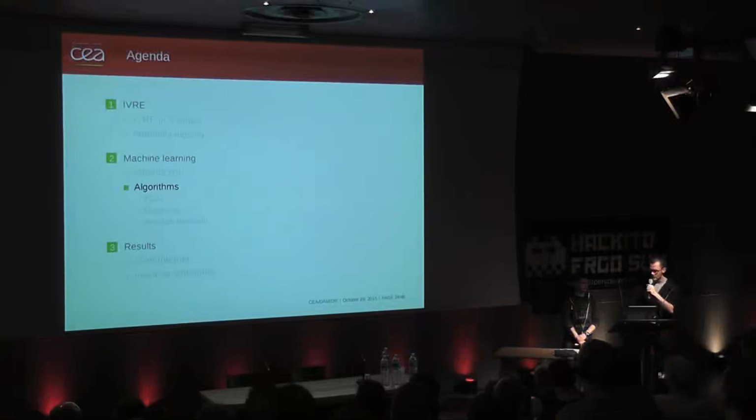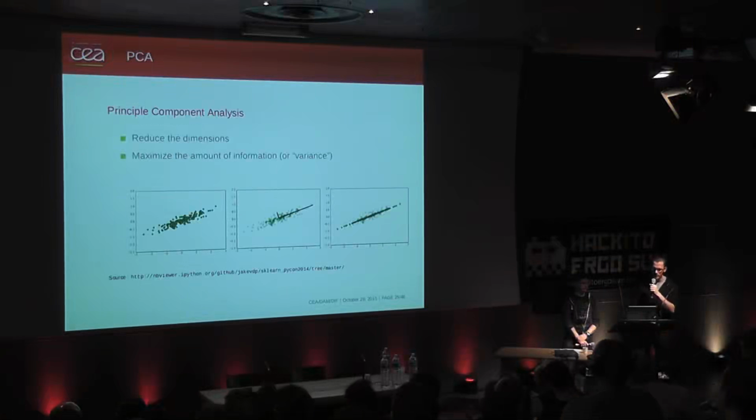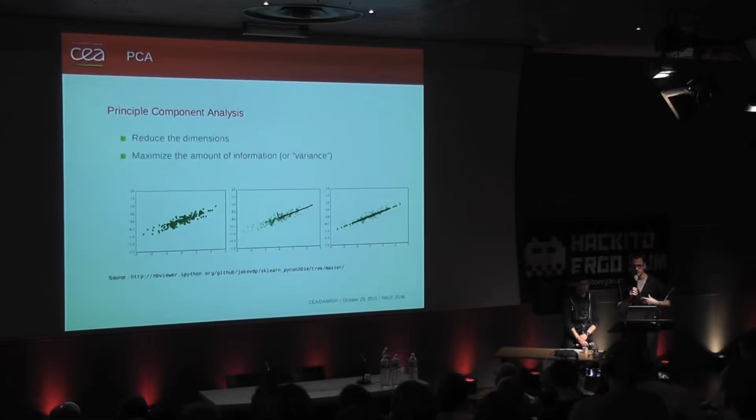So we speak about the 3 algorithms we used. The first one that I will speak about is the principal component analysis. It's about representing data which are in a high dimension space in a 2 or 3 dimension space for our case. And while doing that, we'll try to keep the relevant information. So that's what interests us.